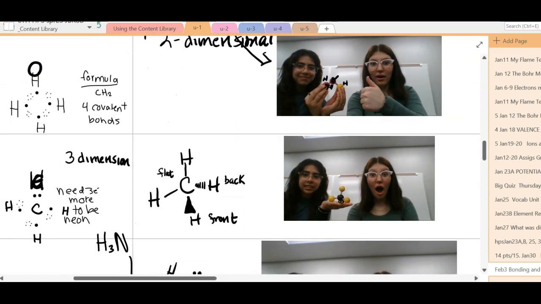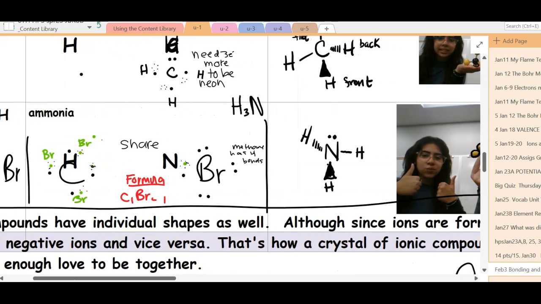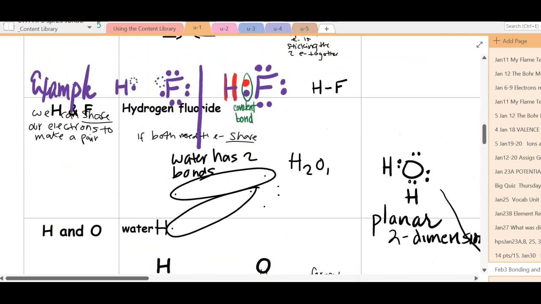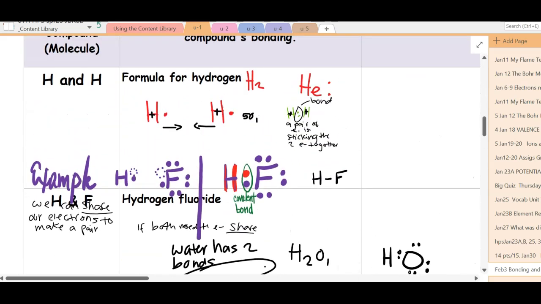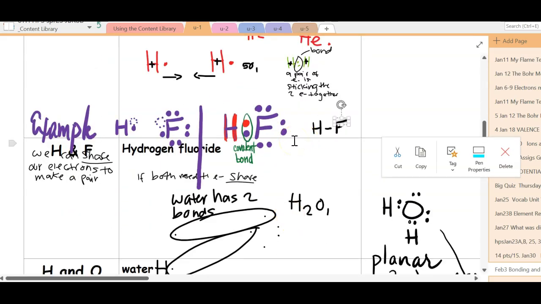Very happy group. So we were looking at hydrogen and hydrogen. Then we looked at hydrogen and fluorine, the Lewis dots.